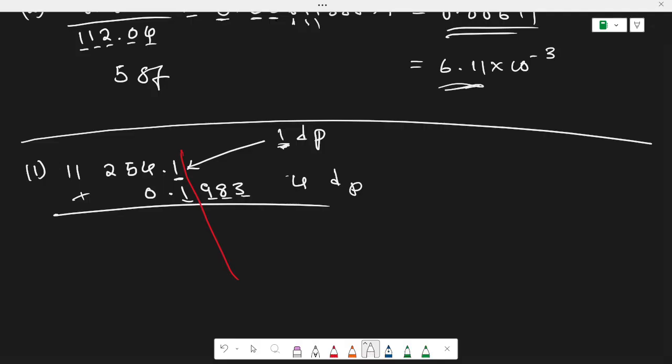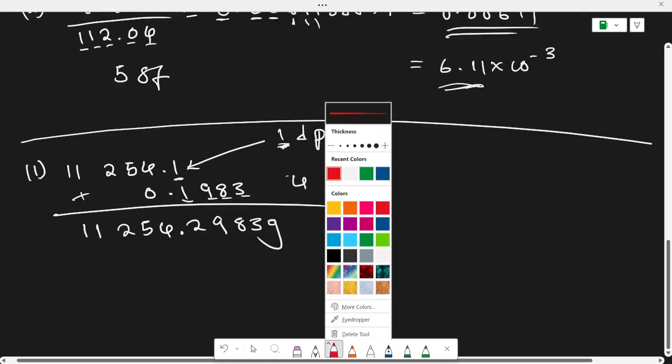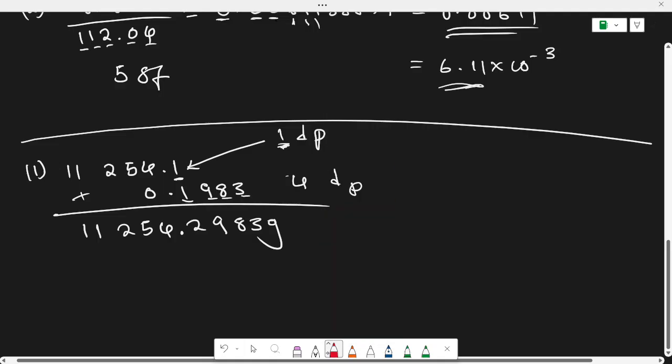So when you write it on the calculator, remove this line so that it doesn't confuse us. It's going to be 1124.2983 grams.